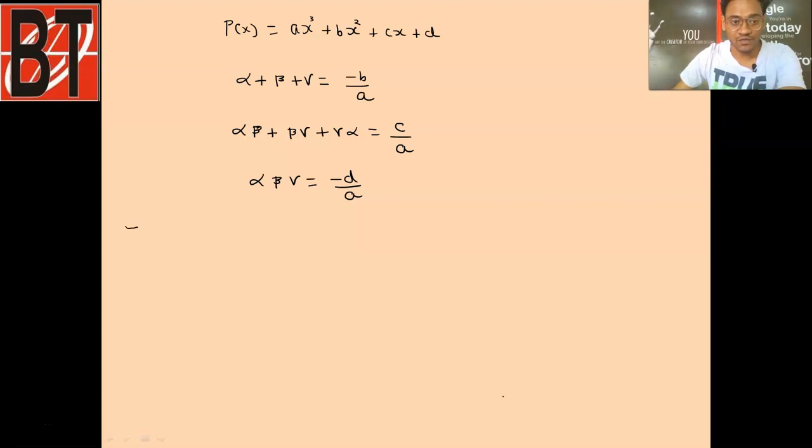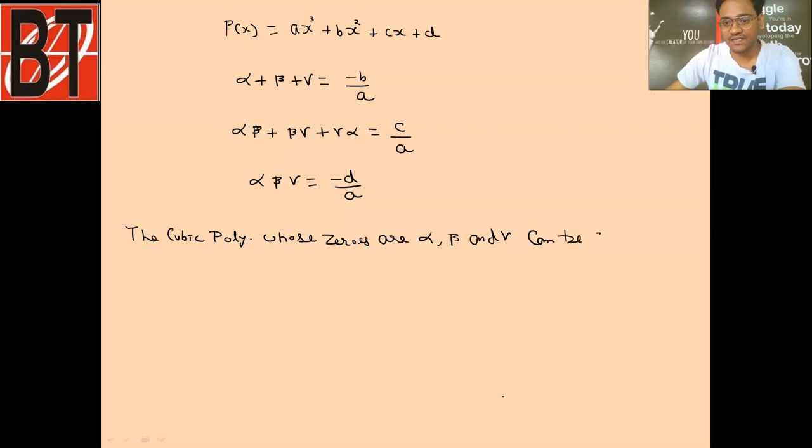The cubic polynomial whose zeros are alpha, beta and gamma can be expressed in this way students. Suppose p is the required polynomial, px, and it can be written in this form.